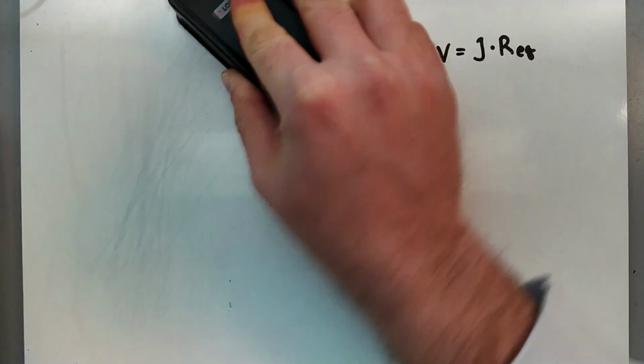So let us clean this space, and we will now consider two resistors connected in parallel.